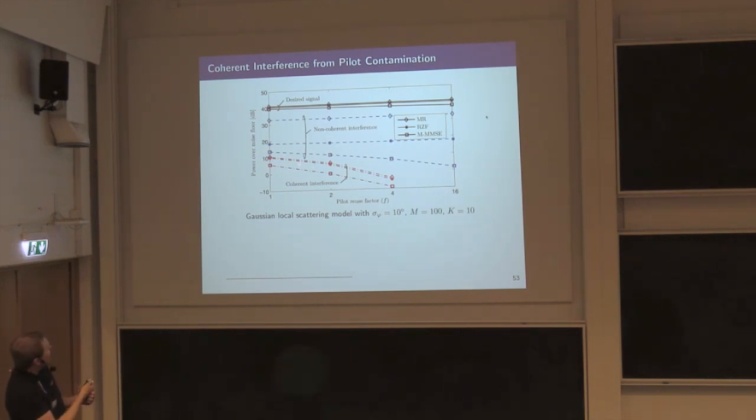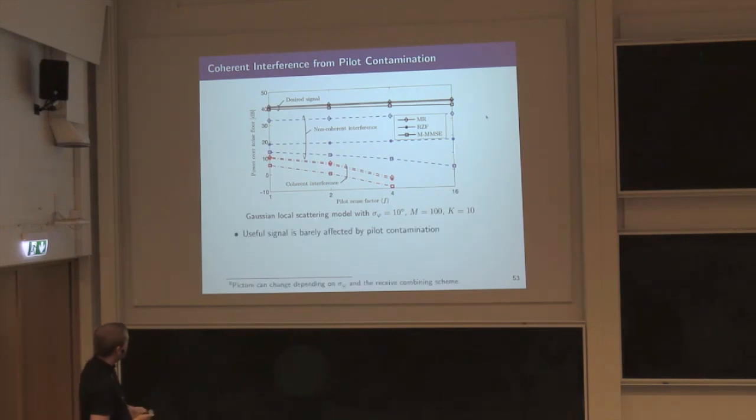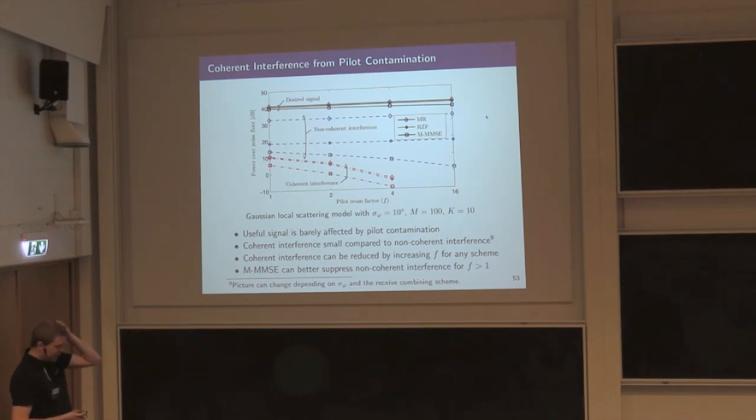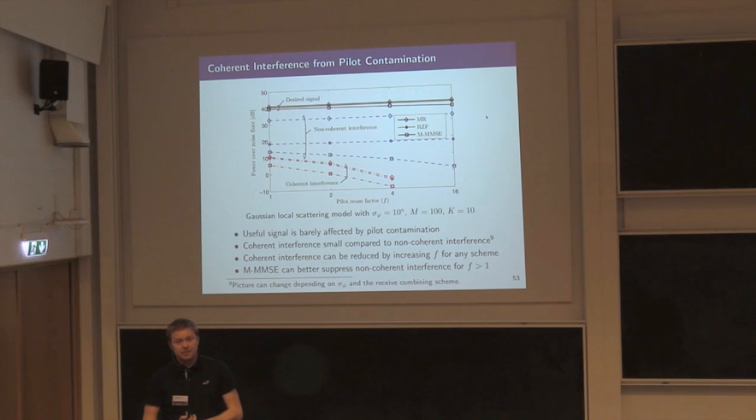And you see that the coherent interference is also going down more here. So we can see that the useful signals are going down as we use more sophisticated combining schemes, but also the non-coherent interference goes down and the coherent as well. So this is really the behavior of these different combining schemes.